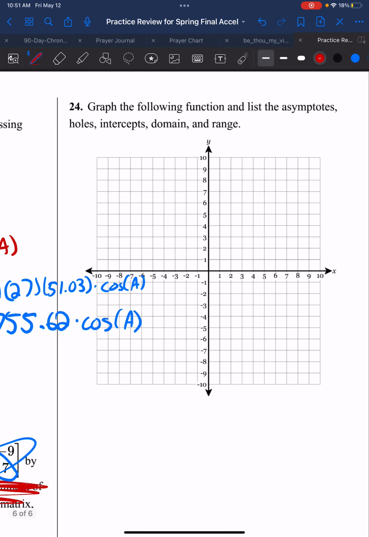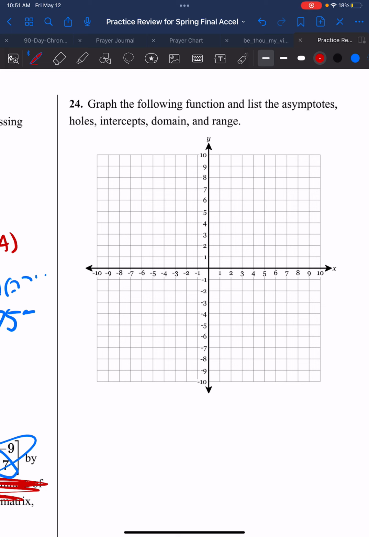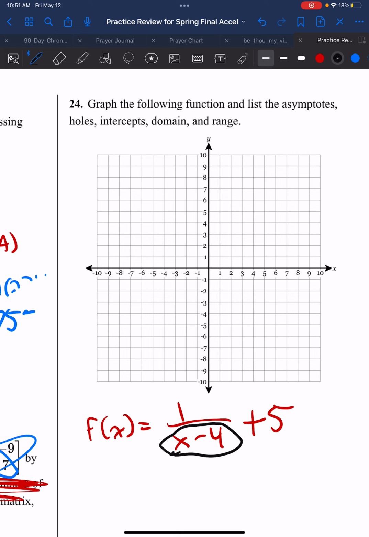So the function that I want us to use on 24 is this: f of x equals 1 over x minus 4 plus 5. And remember, I find where my asymptotes go, like where they meet. I go right 4 because of that, and that's going to be here.